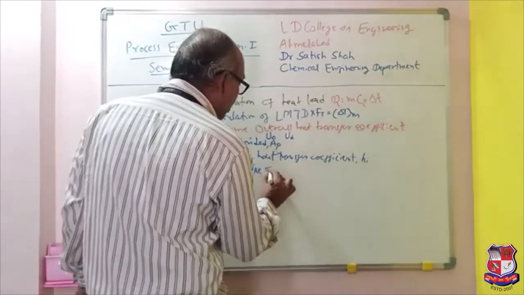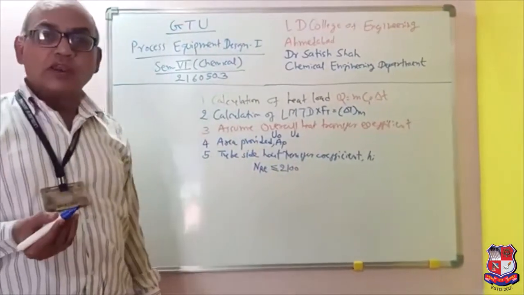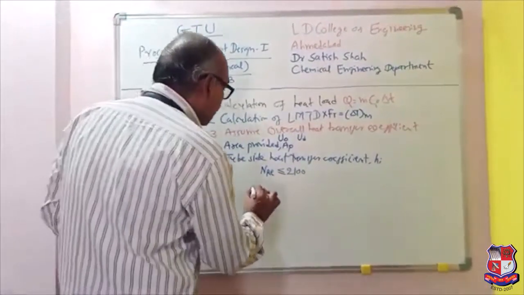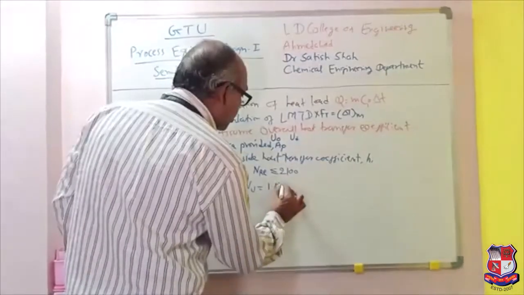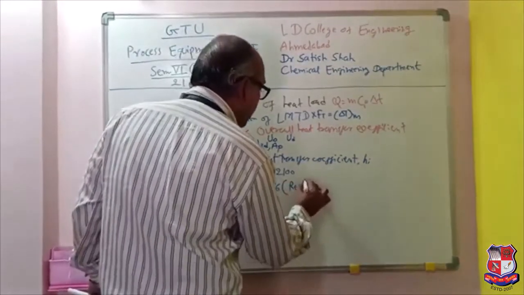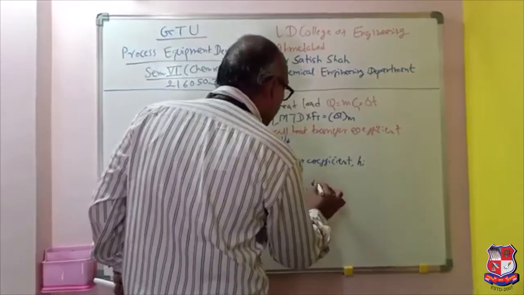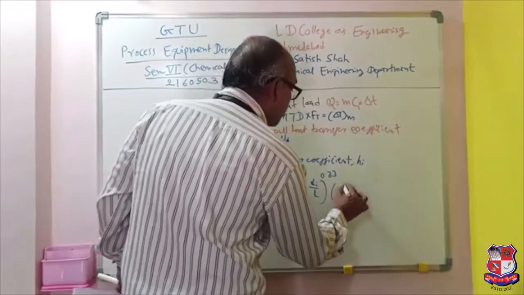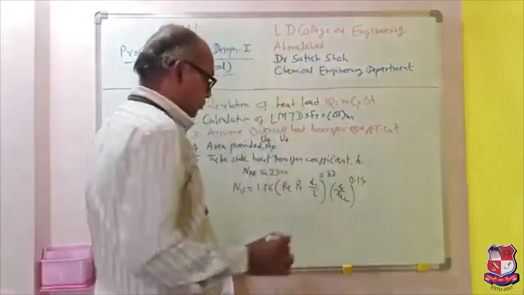If your Reynolds number is less than or equal to 2100, you say that your flow is laminar. And if the flow is laminar, in that case you will use the formula Nu is equal to 1.86 into Re into Pr into Di upon L, whole raised to 0.33, into mu by mu W raised to 0.14.